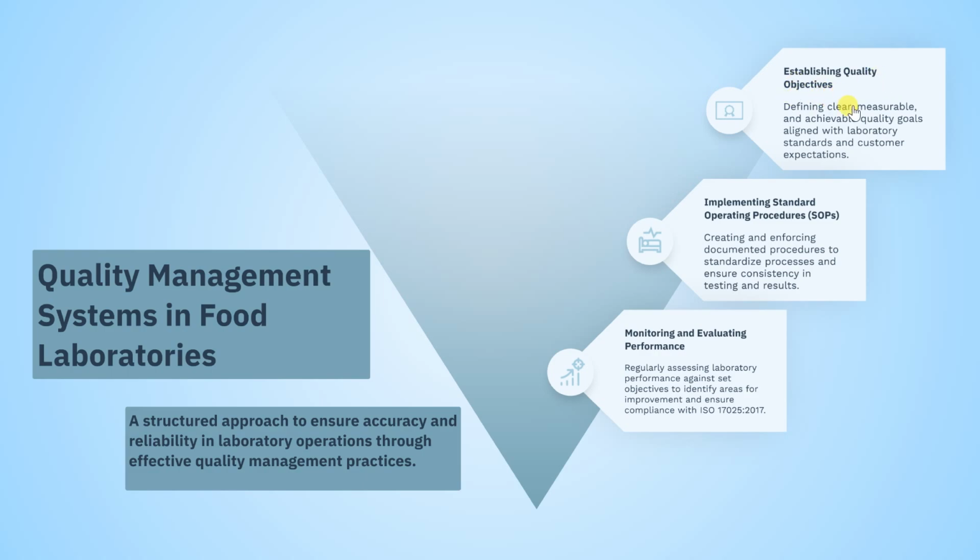But the best place to start is, of course, to have objectives first. Then we implement SOPs to help achieve those objectives. Lastly, we do monitoring and evaluation, as well as record keeping and other documentation activities. But the first one is, of course, the objectives.